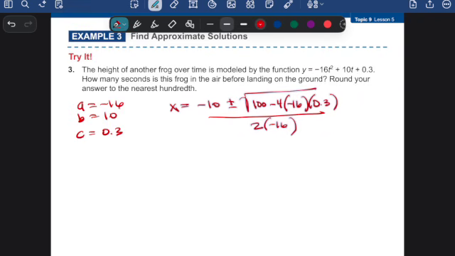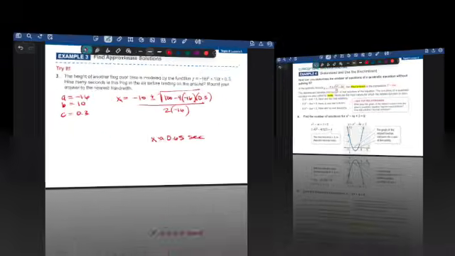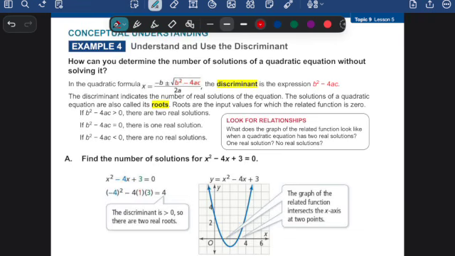I want you to practice doing that, but your solution then, the one that is valid, should be approximately 0.65 seconds. So if we do our calculations correctly and we simplify underneath the radical correctly, you should get approximately 0.65 seconds.